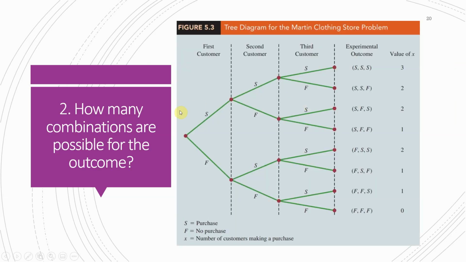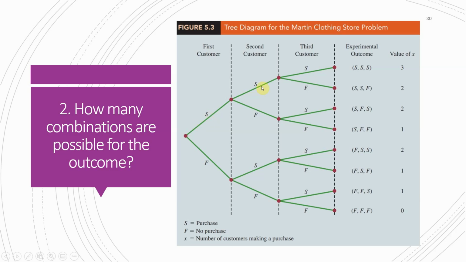So let's continue. Let's first think about how many possible combinations there are for the outcome. Remember, the outcome we're interested in is that 2 people of the 3 make a purchase. On the left, the first customer comes in and makes a purchase, a success, or doesn't. The second person comes in, and they make a purchase or they don't. The third person comes in, and they make a purchase or they don't.